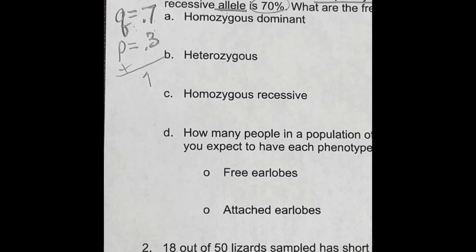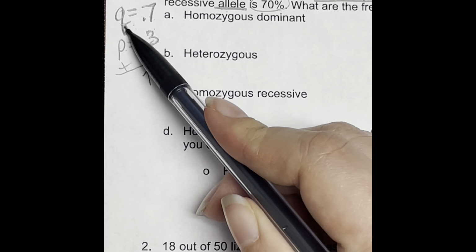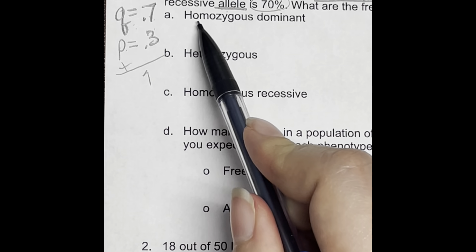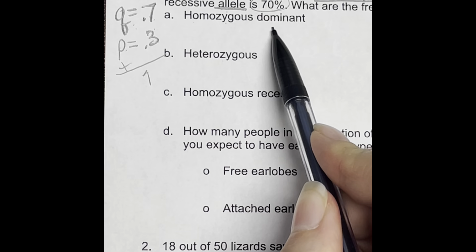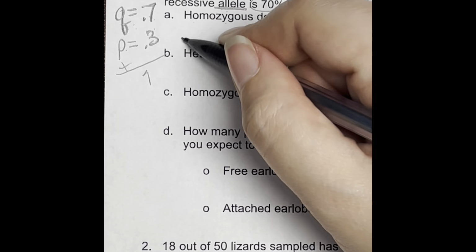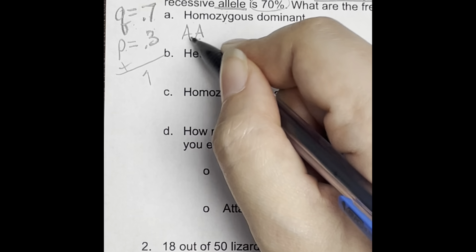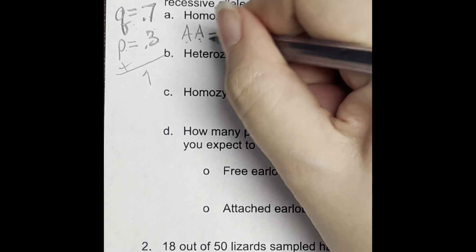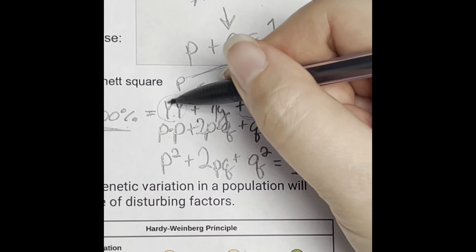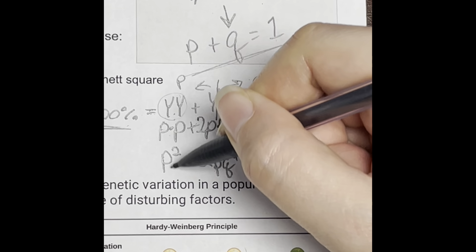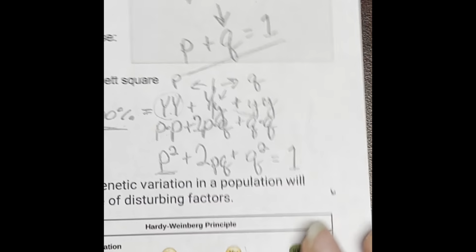Now, it's wanting to know some different information. We found P and we know Q. Now it's asking us for homozygous dominant. If I'm looking for homozygous dominant, I'm looking for all of the individuals that have that genotype. Well, if we look at our Hardy-Weinberg equation, if we're looking at homozygous dominant, we're looking at P squared.